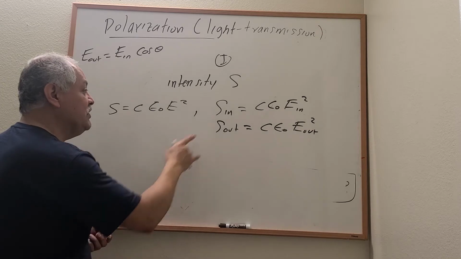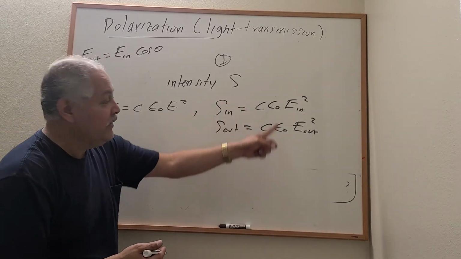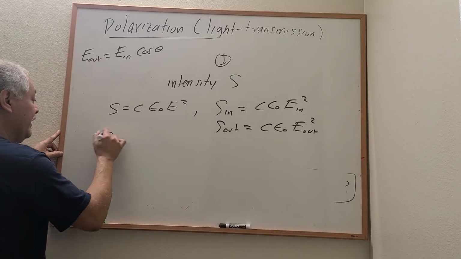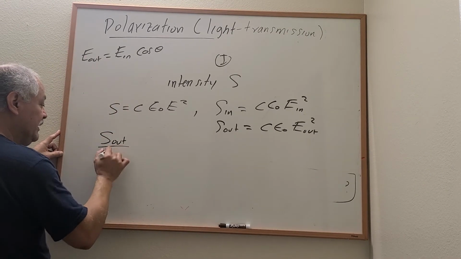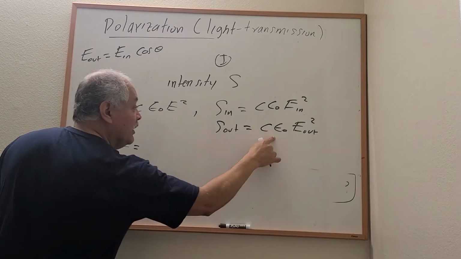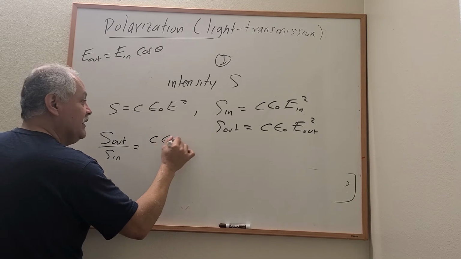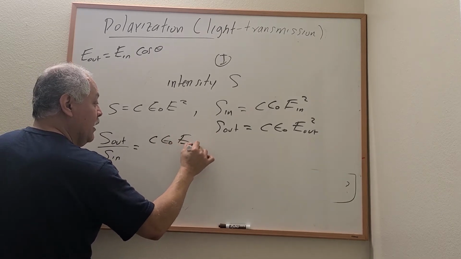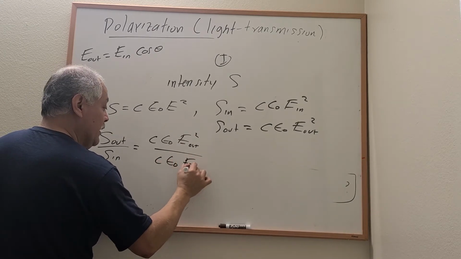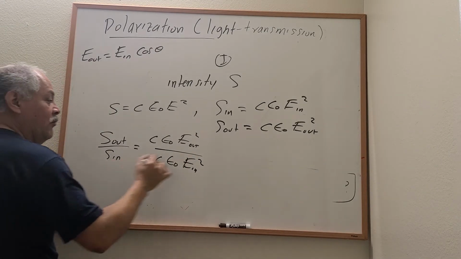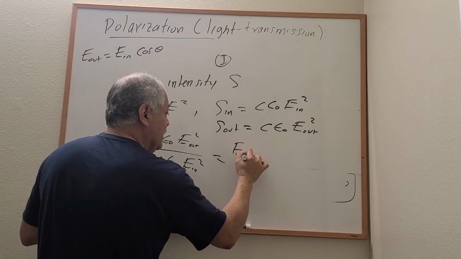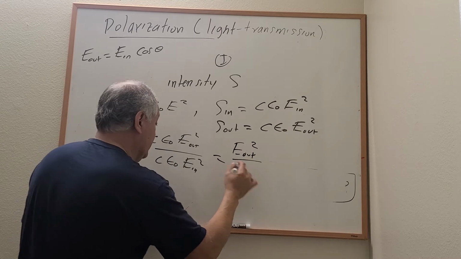Now let's divide these two, because these two are related by the speed of light and epsilon naught. When we divide this by this, we have c epsilon naught E out squared divided by c epsilon naught E in squared. These cancel, and only this ratio is the result.